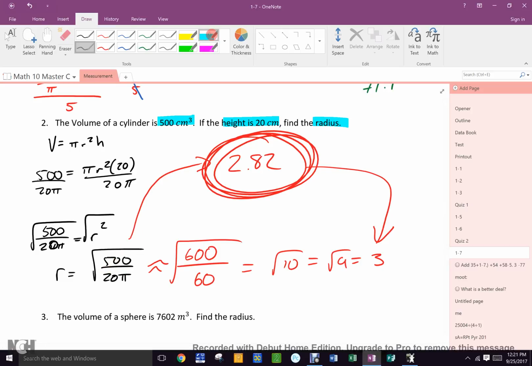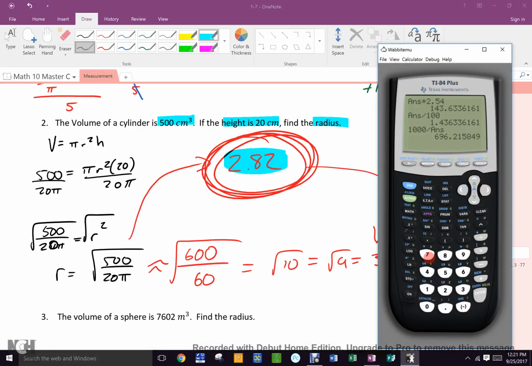Is there anybody in the room that could not get that? Just 2 of you? Okay. Do you have calculators like mine that show you what you are doing? If you push the square root button, does it put it on the screen? Yes? Both of you? Okay.